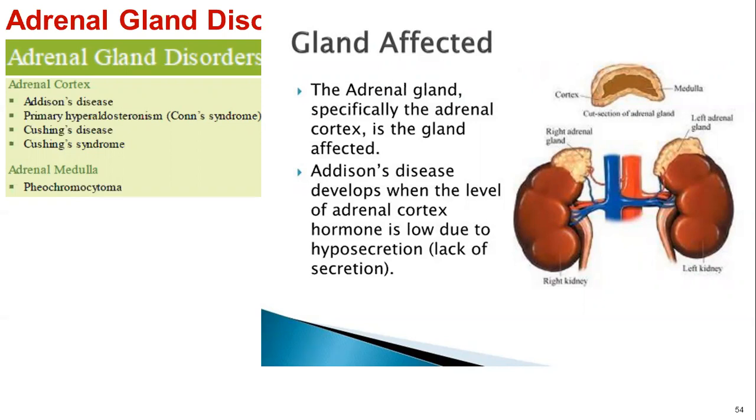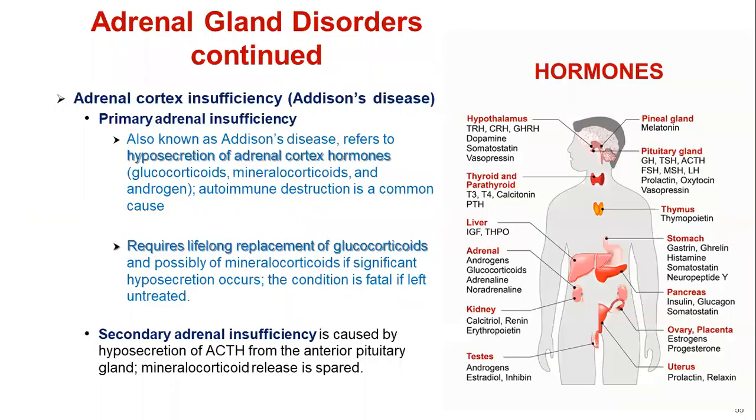So what are the causes of hyposecretion? Let me explain. The hyposecretion may be primary adrenocortical insufficiency, meaning damage or dysfunction of the adrenal cortex, or a secondary cause, secondary adrenal insufficiency, because of a pituitary tumor or any hypophysectomy.